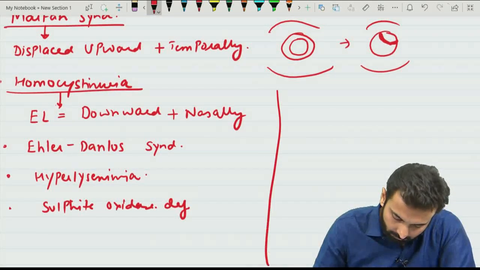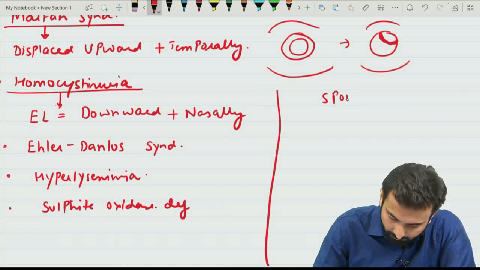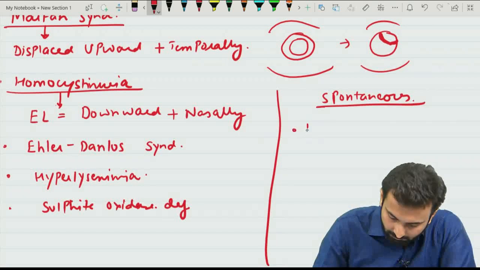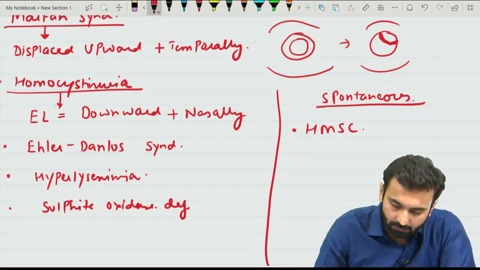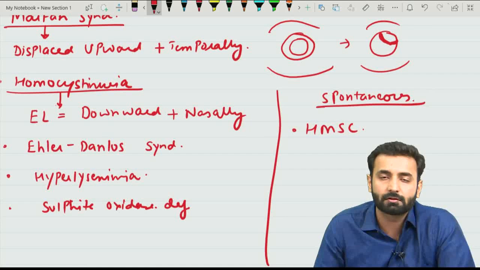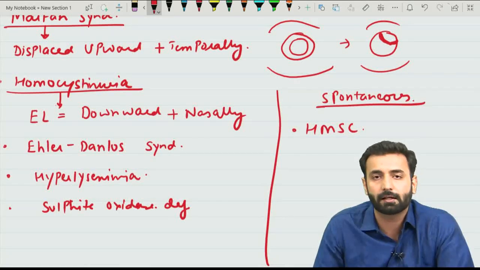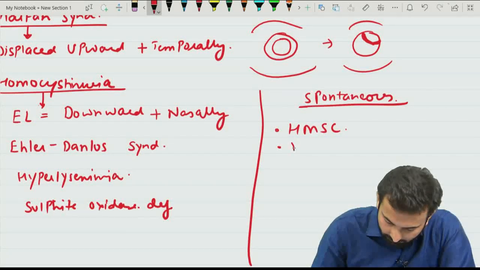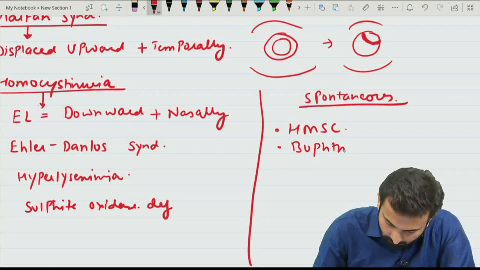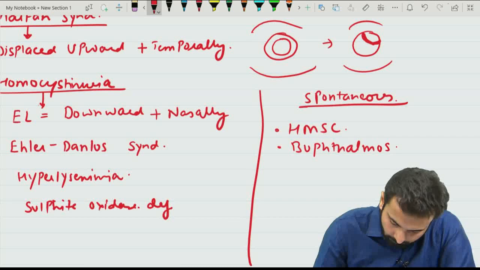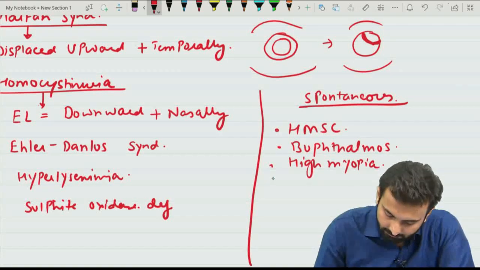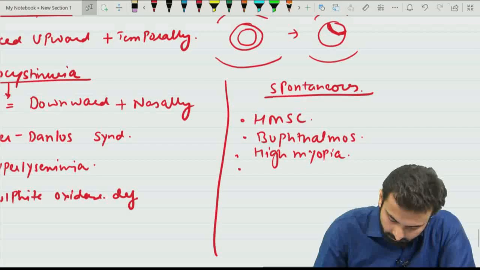Now coming to the spontaneous causes of ectopia lentis. It is seen in hypermature senile cataract, because zonules are very weak in hypermature cataract, so there is a chance of displacement of the lens. Second cause can be buphthalmos, then high myopic patients, because there is an increase in axial length and enlargement of the eyeball occurs.